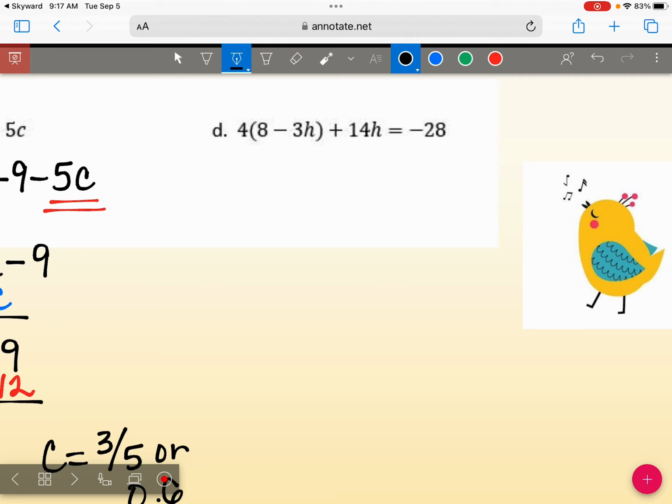What did you all get for your answer? Let me see what we got. So far, everybody has a different number. I don't know the answer because I haven't worked through it yet.